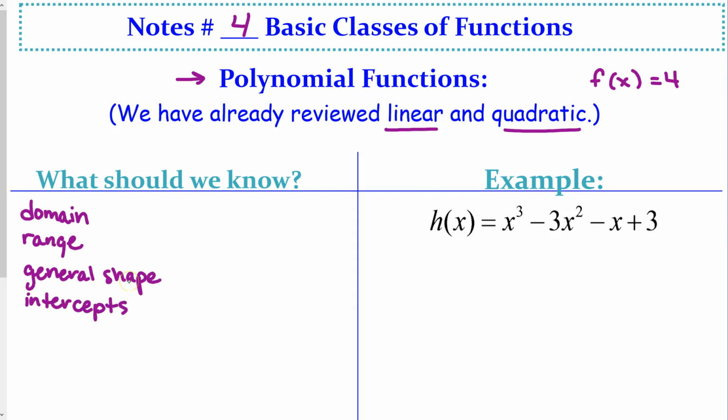So, for any polynomial function, the domain is all real numbers. You can take any real number and raise it to a whole number power, multiply it by something, add or subtract, it's still going to be real. For the range, it depends on the function. So we really don't know for sure.